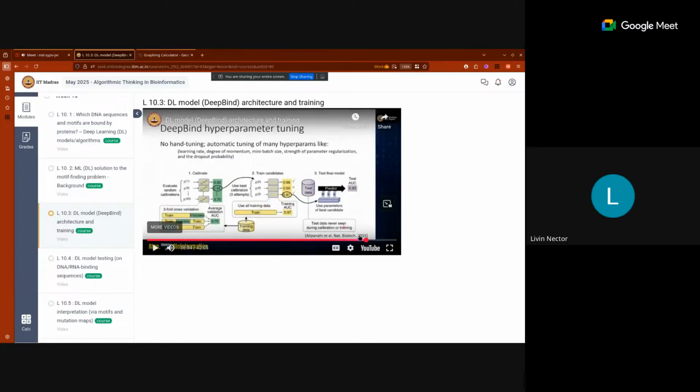Then there is the hyperparameter tuning process. So they have a data set. How do you find the set of parameters? They did a threefold cross validation process.